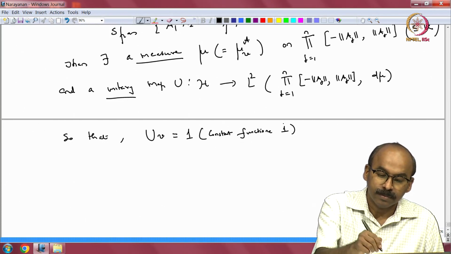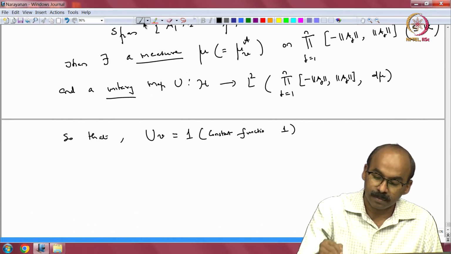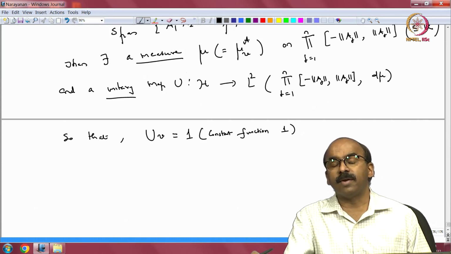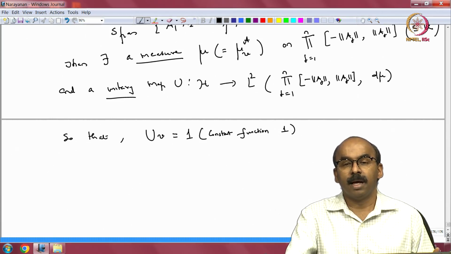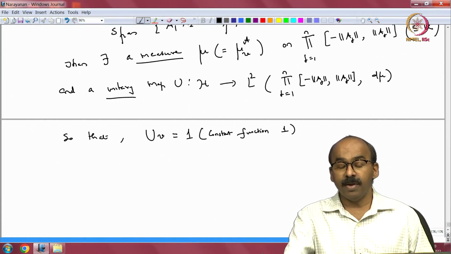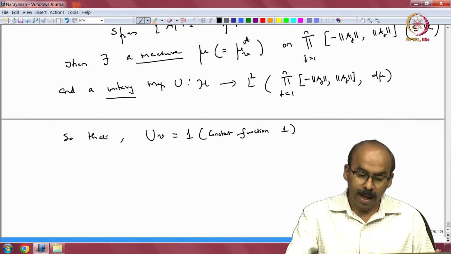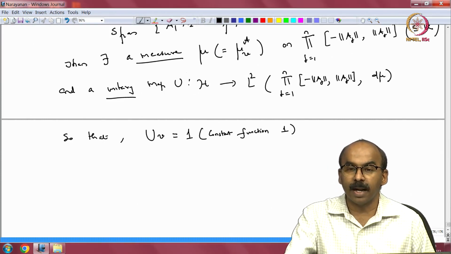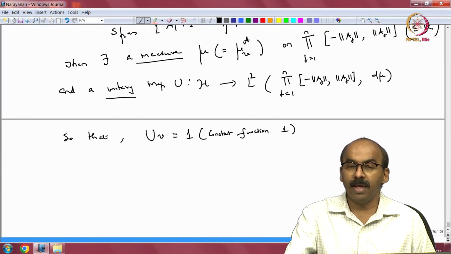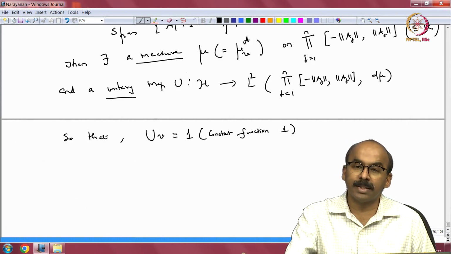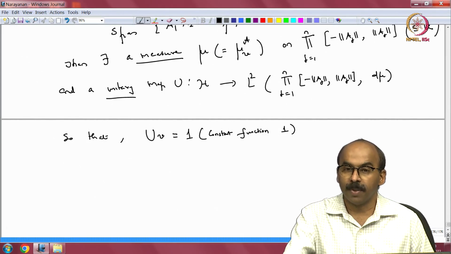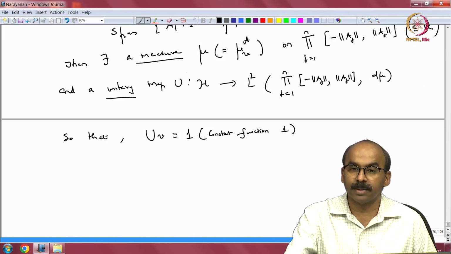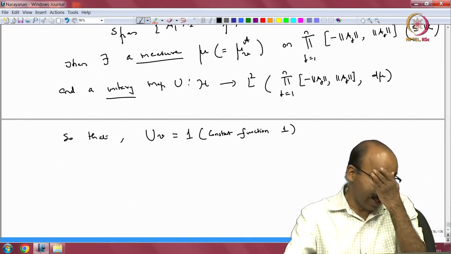This is sort of forced: once you realize the Aj's as multiplication by xj, V has to go to 1, because any monomial in Aj's applied on V will go to the corresponding monomial on the other side. So polynomials in Aj applied on V will go to polynomials on the other side, and polynomials are dense, so you will get all of L2. On the left-hand side you have polynomials in A acting on V, a cyclic vector, so you get a dense subspace of H. That is how the unitary comes.